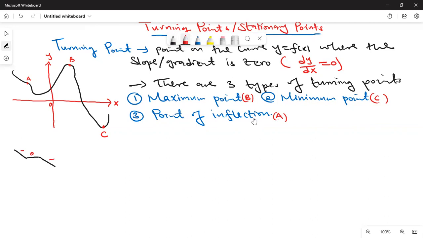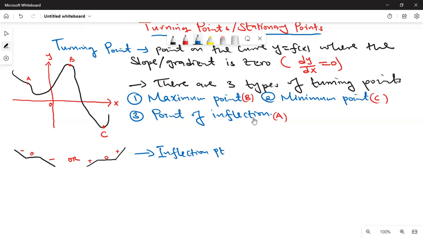Or you may have a curve like this, it rises, levels out, then it continues to rise. When it is rising, the gradient is positive. When it levels out, it is 0. When it continues to rise again, the gradient is positive. When you have a graph of this form, then that point is called an inflection point.